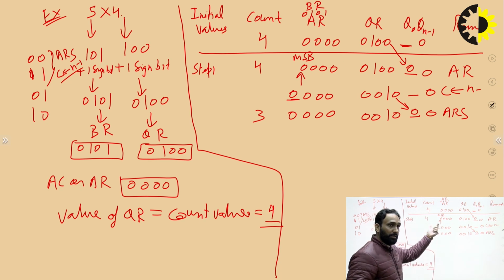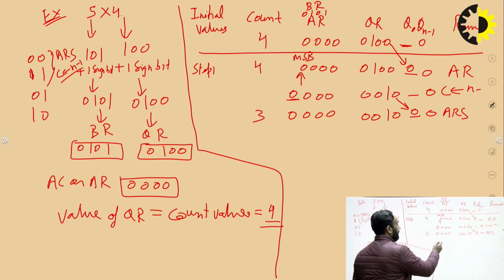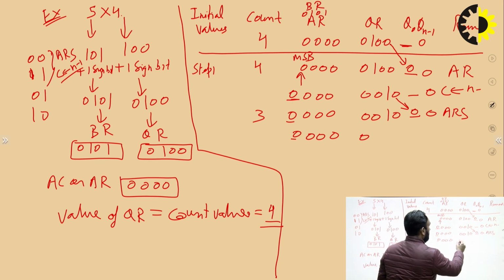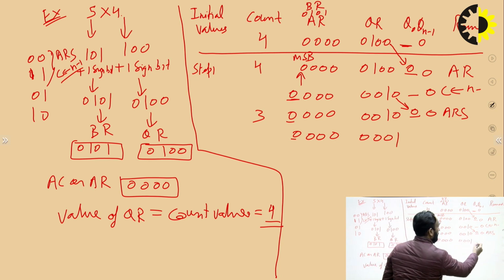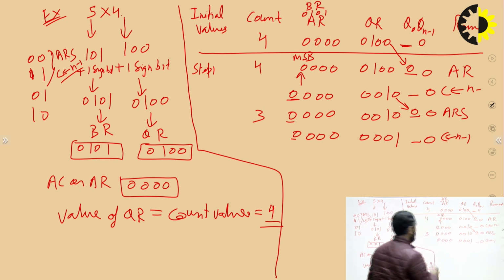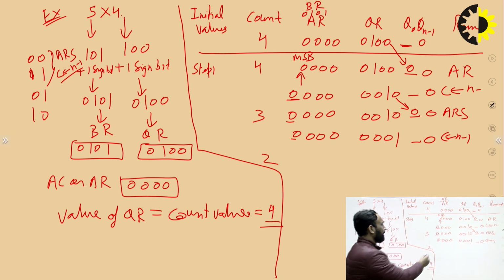If MSB is 0, we will generate 0, or if MSB is 1, we will generate 1. So I am writing here directly the MSB bit, and it will move there 0 0 1, here dash 0, C tends to n minus 1. Now the count value is 2. We will again drop down the values.